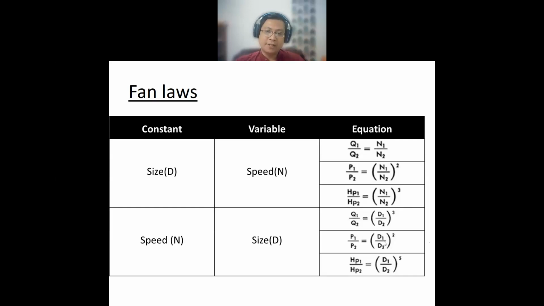So actually they have a relationship. Then we can use it to determine unknown properties. Let's say we don't know P2 when we know the diameter D. We can determine P2 by this fan laws equation.